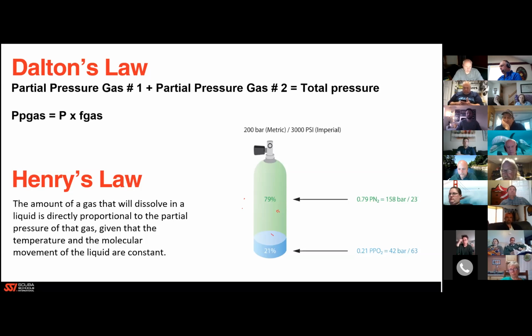Oxygen can and will reach a point where it becomes actually toxic to our body's cardiovascular system. Over decades of diving, it's been determined that a safe partial pressure for oxygen is between 1.2 and 1.6 bar. Most divers prefer the 1.4 bar number for calculation purposes. Fortunately for us, most of us use dive computers.